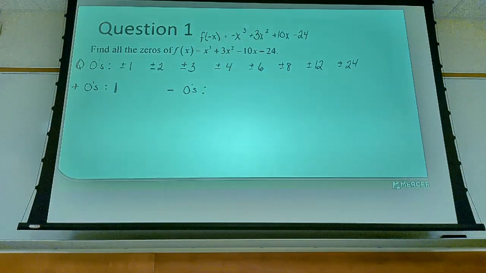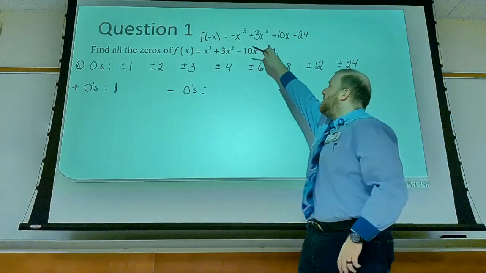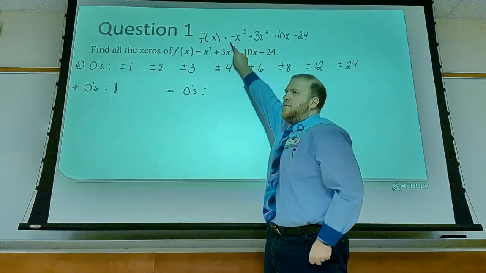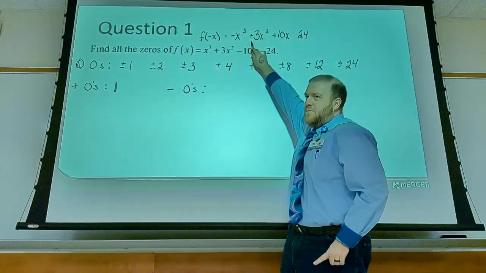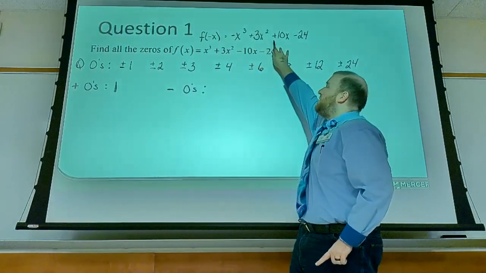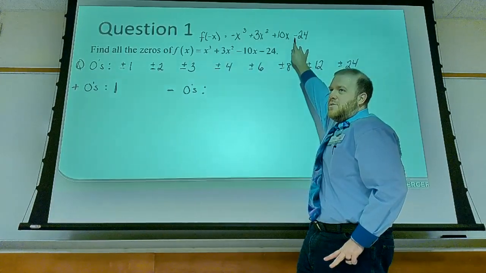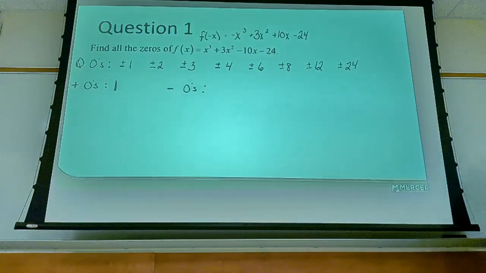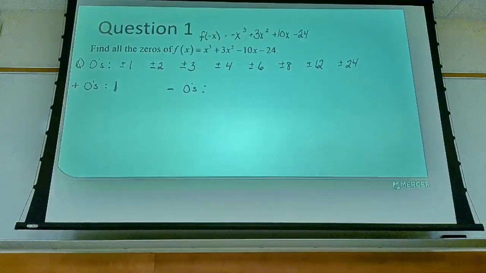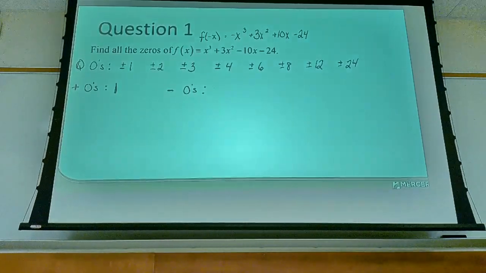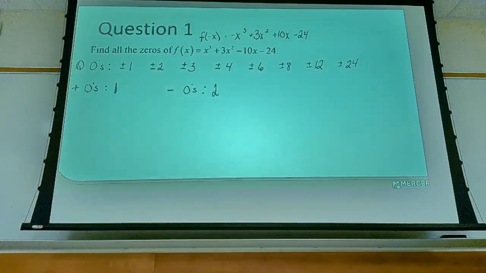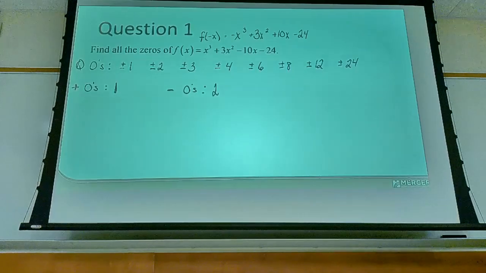Now you count the sign changes in here. Negative, it's positive, there's a sign change. Stays positive, to negative, there's a sign change. Why 3x squared? It doesn't change the sign again. Negative 1 squared is what? Oh, okay.